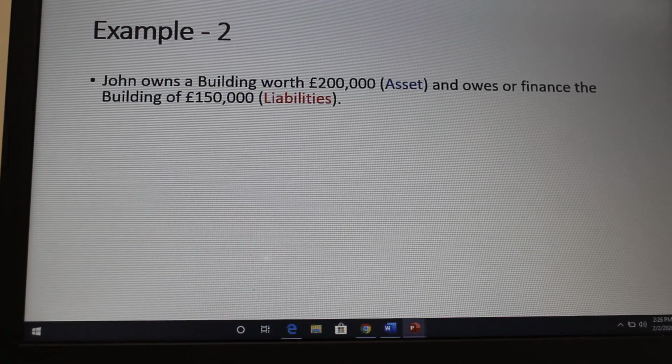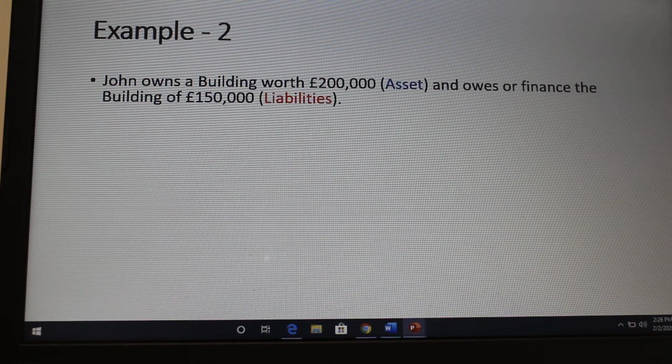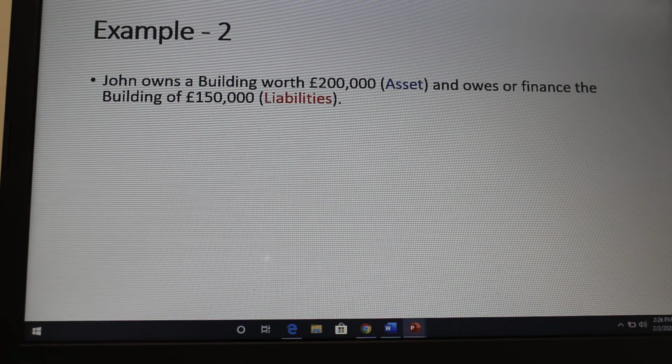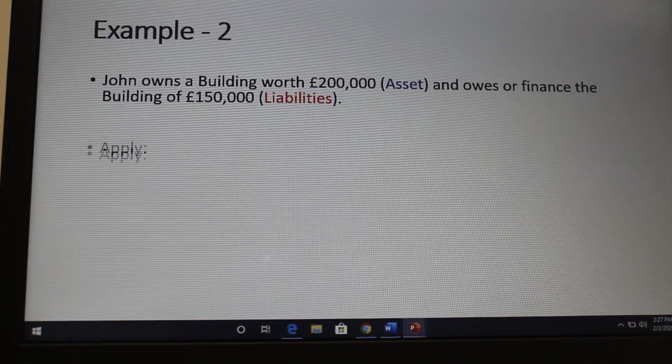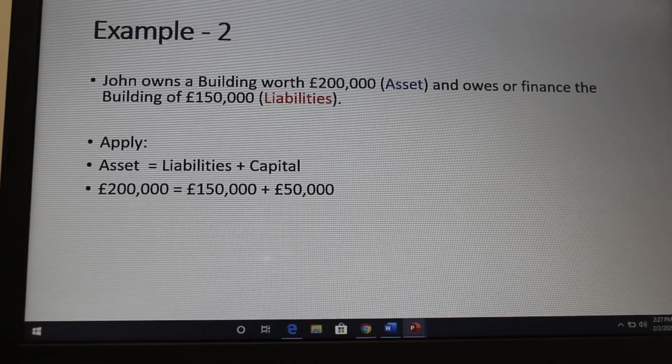Now, another example: if John owns a building worth 200,000, but he owes the bank, where he has a mortgage of 150,000. Now we're going to apply the equation to see what's the capital element. Therefore, the asset is 200,000.